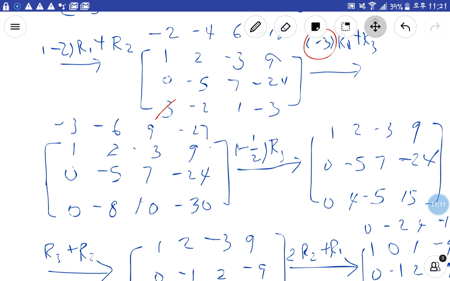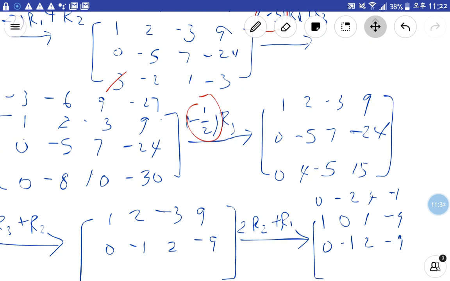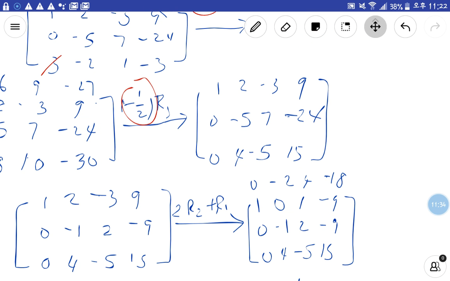I tried to make the 1 for the second row, but it's going to be hard calculation, so I would rather make my third row into 4 so that if I add them up then I can make 1, right? So I'm going to divide by negative 2 onto your third row, and it will look like that. 1 2 negative 3 9, 0 negative 5 7 negative 24, 0 4 negative 5 15.